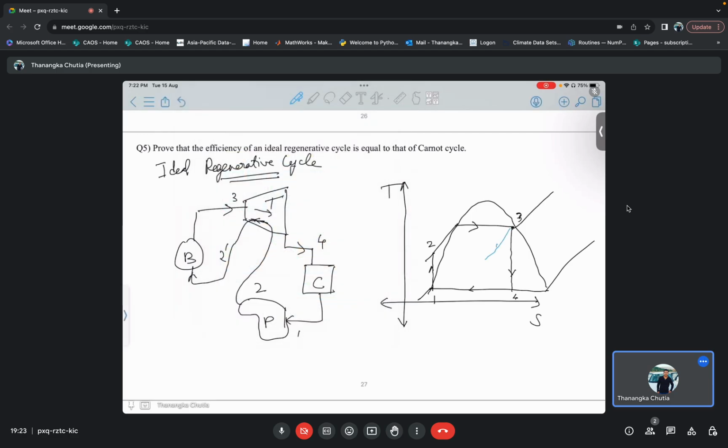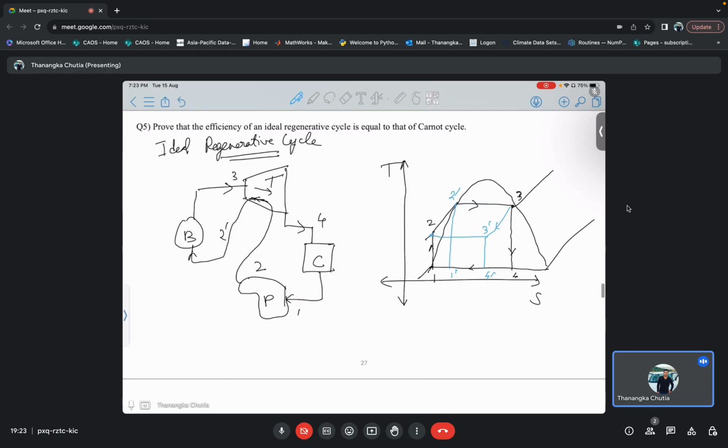Now instead of heating from 2 to 3, the boiler is heating from 2 prime to 3 prime, and instead of releasing heat from 4 to 1, it is releasing heat from 4 prime to 1.